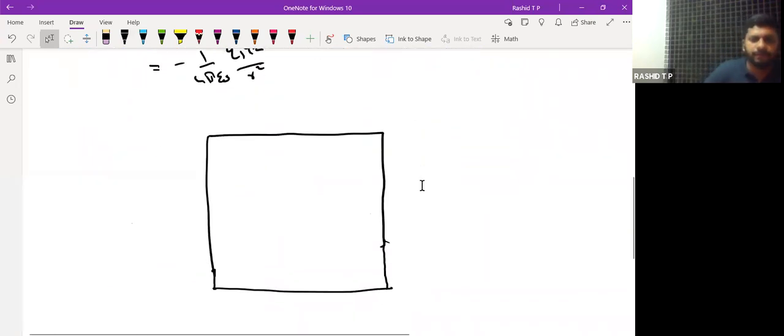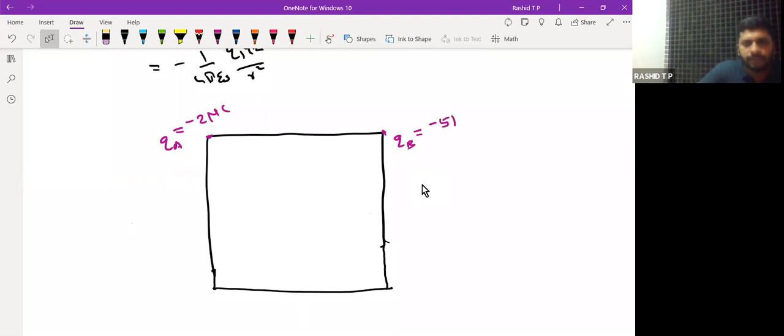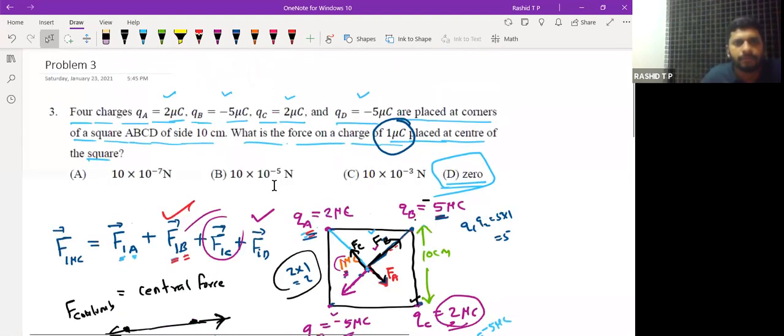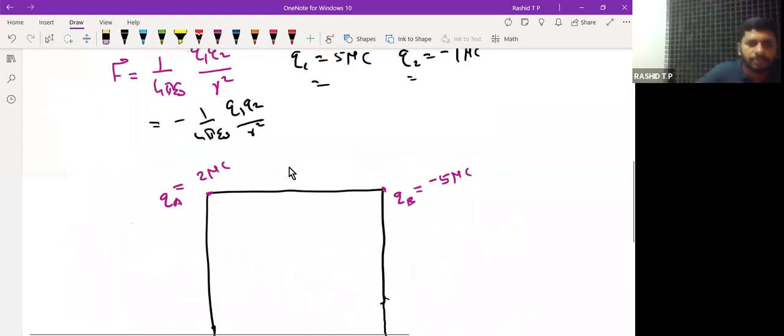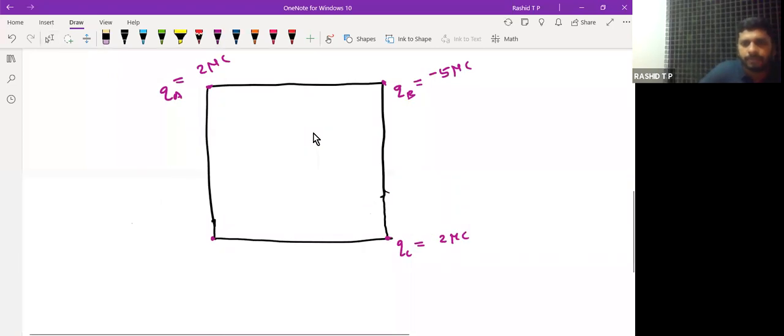Here you have QA is equal to minus 2 microcoulomb, and QB is equal to minus 5 microcoulomb, and QC, this should be +2, and this should be +2, and this should be QD, that should be equal to -5 microcoulomb. Now we are interested to find out the net force on a charge placed here.